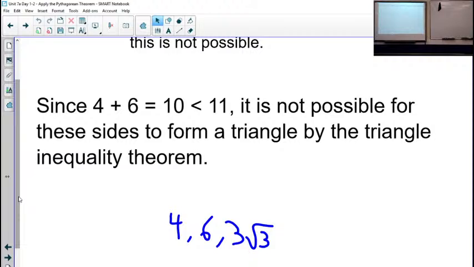Without a calculator, let's start to build our number sense here of how this will work. Square root of 3 is bigger than 1, because 1 is going to be the square root of 1. But let's compare it with 2.